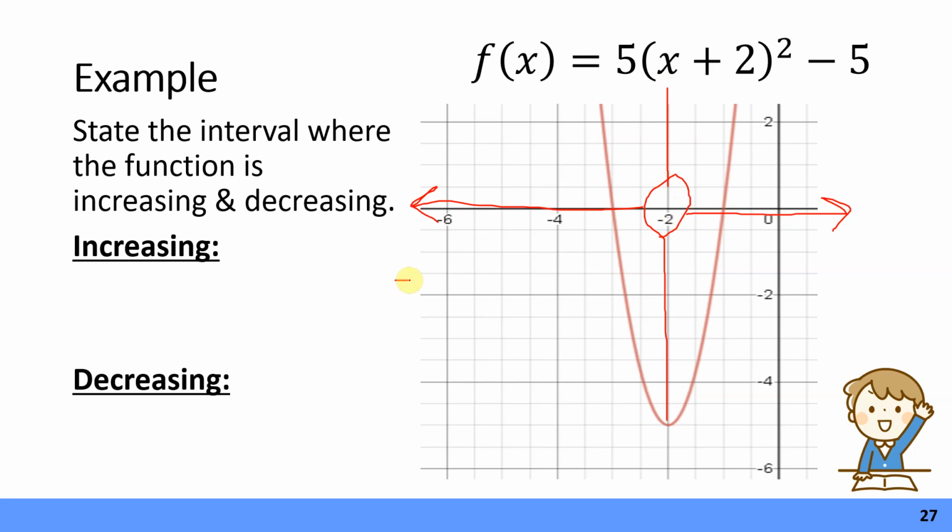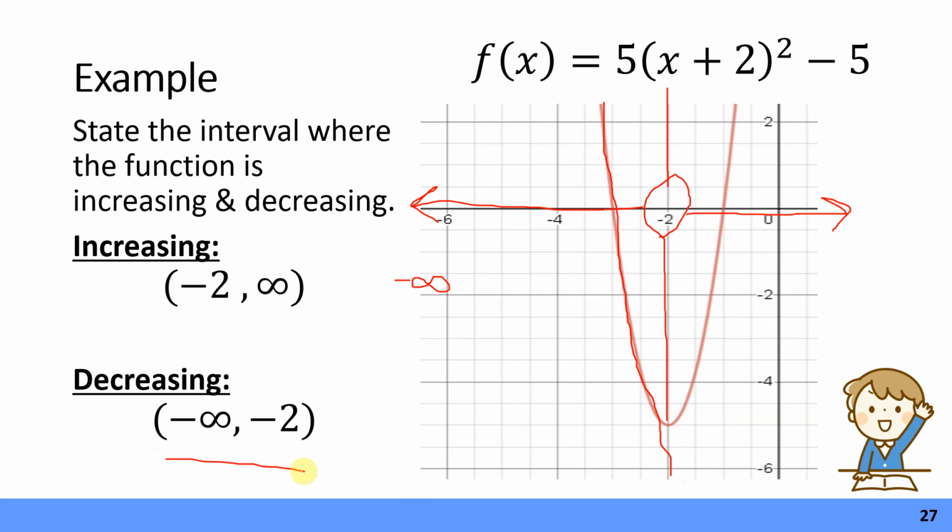So in this part, from negative infinity to -2, what is the graph doing? The graph is decreasing. So my answer for decreasing is negative infinity to -2. Now, from -2 to infinity, in this part of the graph, what's happening? The graph is increasing. So that's why that's my answer for increasing.